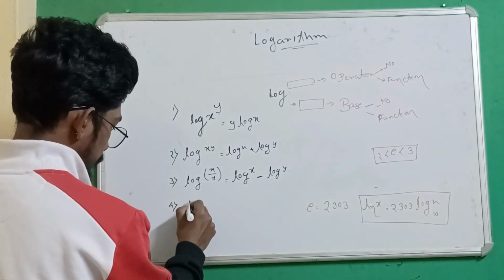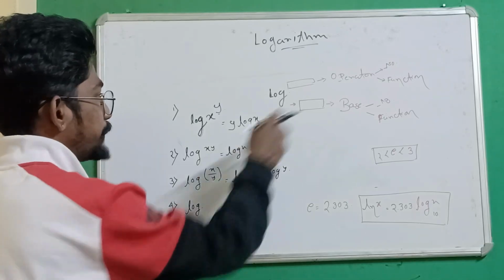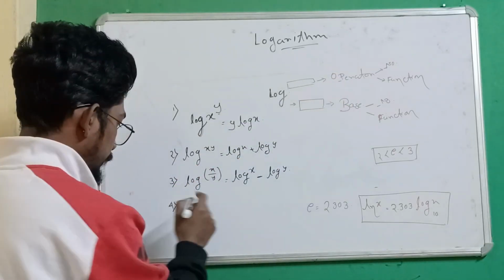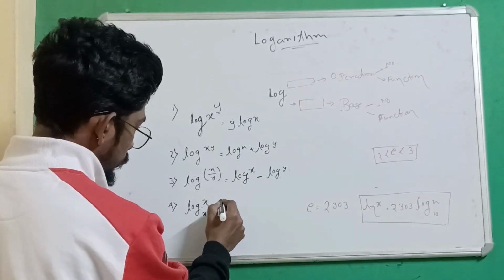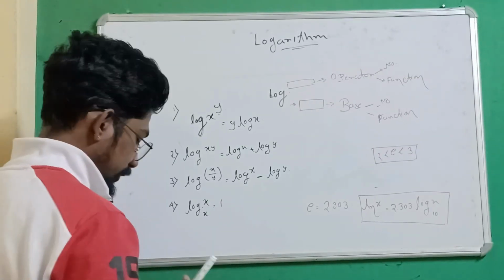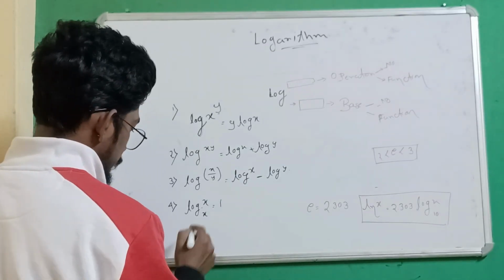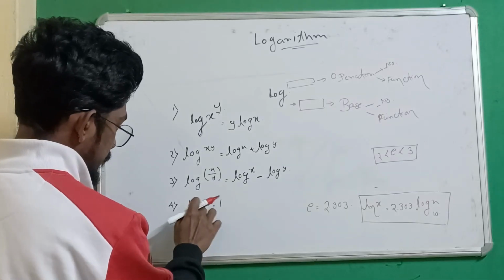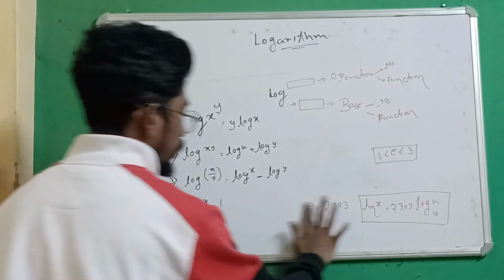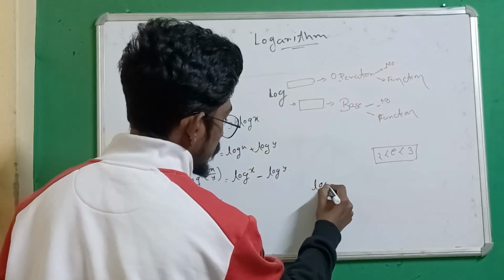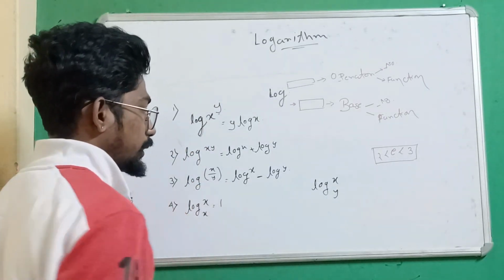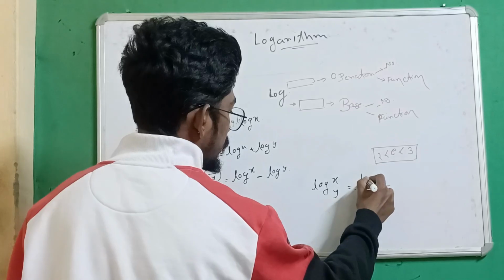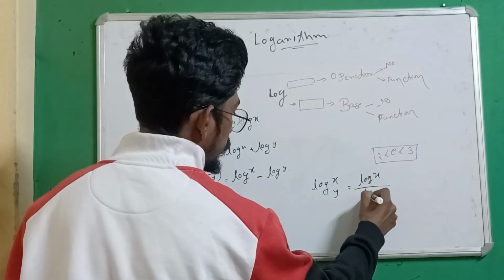Now there is a rule for when the base and the operator are equal. When the base and operator are equal, it will become 1. How? Let's dig into it. Log x with base y, where the base is y and the operator is x, can be written as log x by log y.